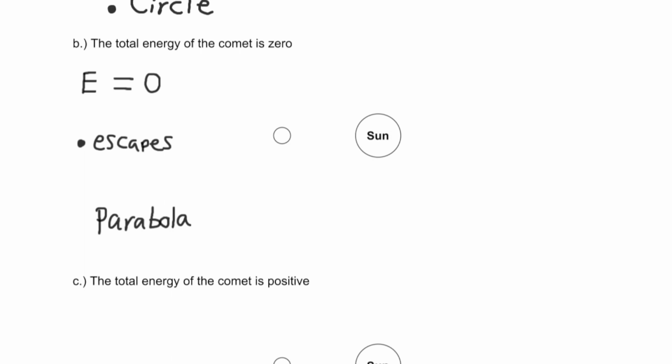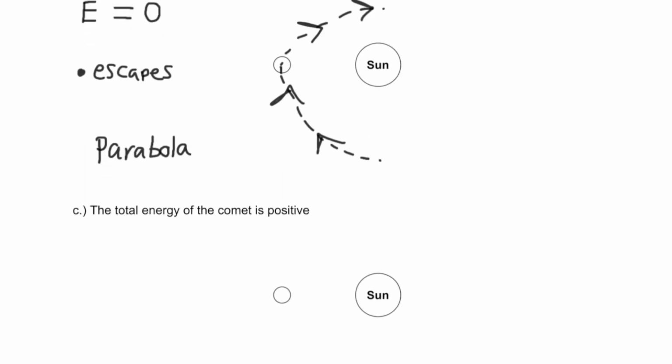It will just look like our standard parabola. So it almost looks like it could close upon itself and become an ellipse, but it's not going to. It's just going to come in, and it's not going to close on itself. It's just going to keep going.